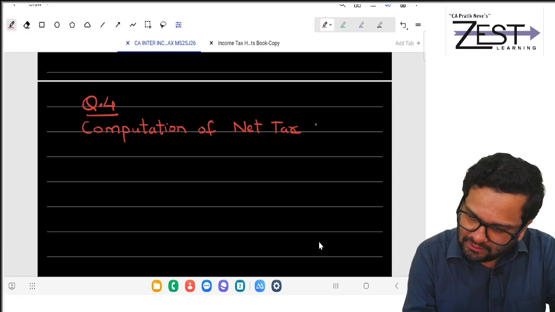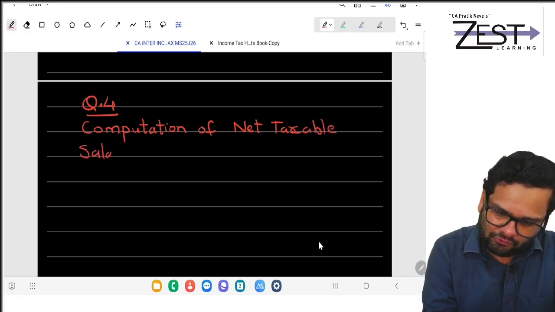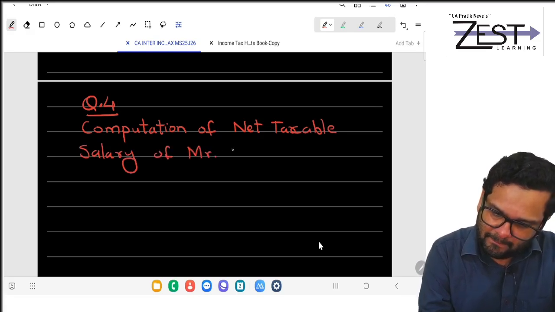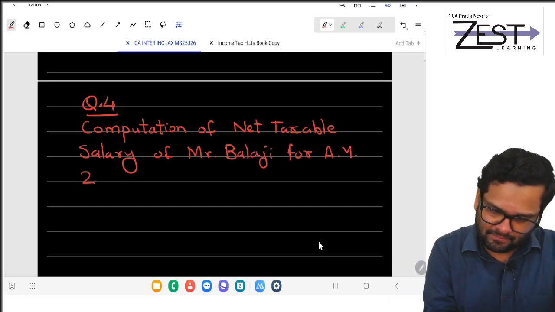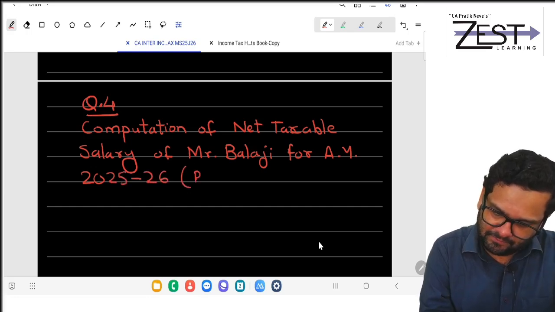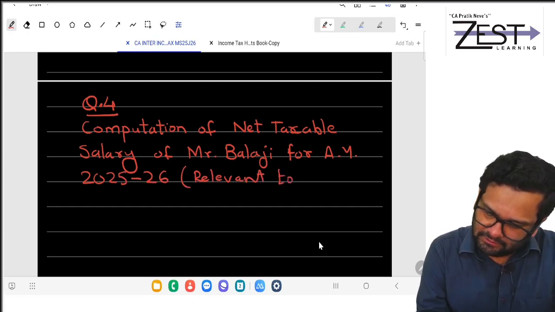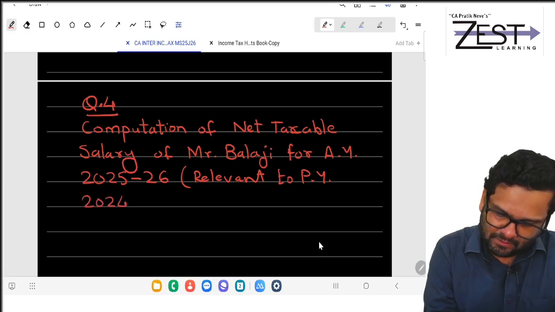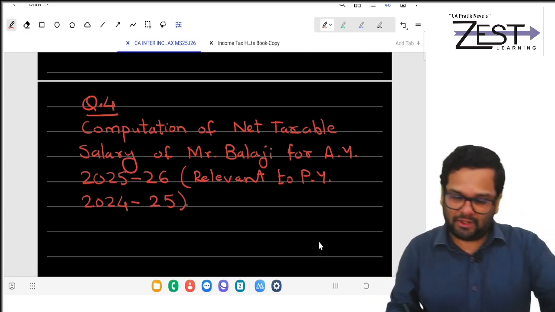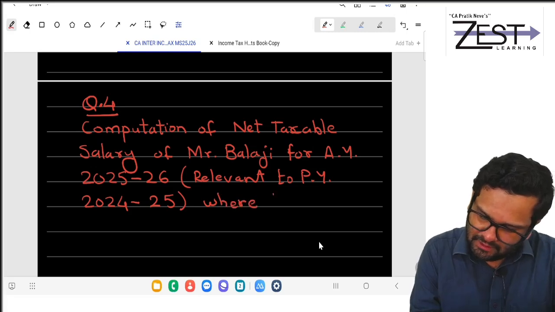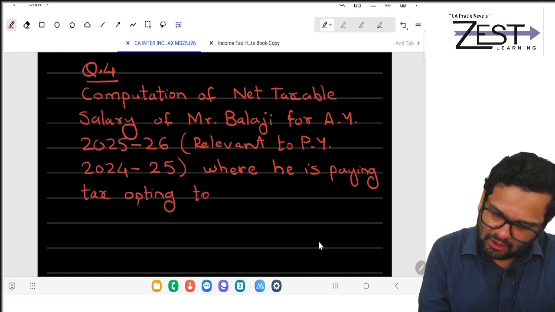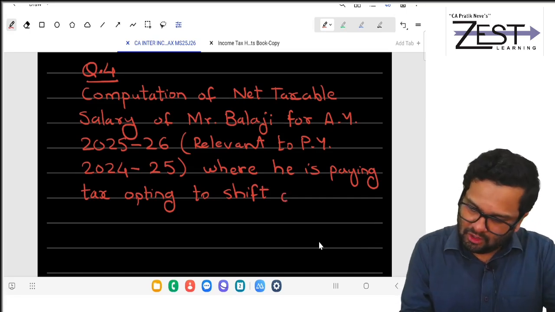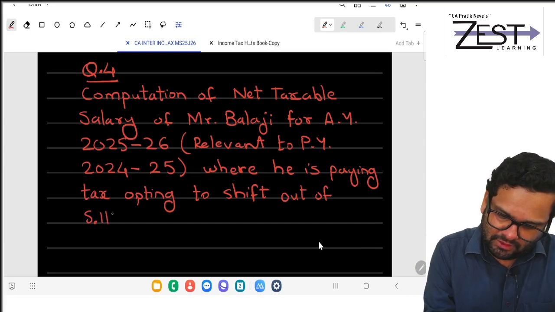So computation of net taxable salary of Mr. Balaji for assessment year 25-26 relevant to previous year 24-25, where he is paying tax, opting to shift out of section 115 BAC.